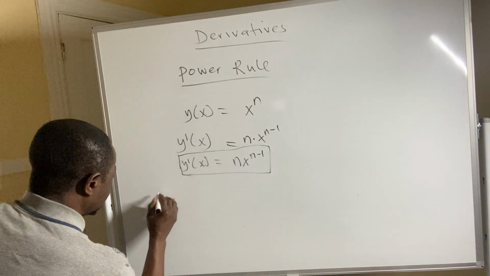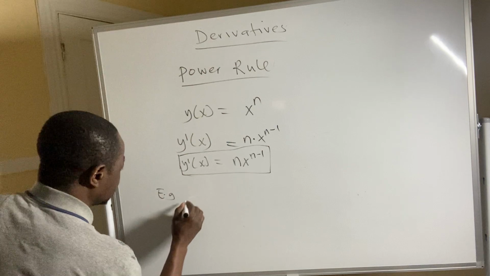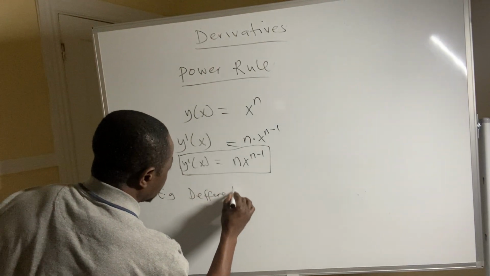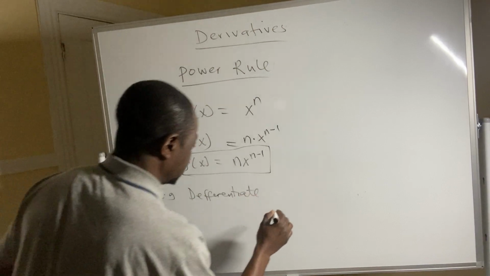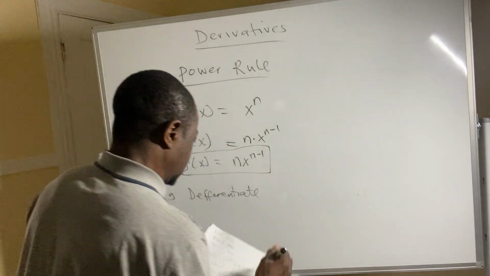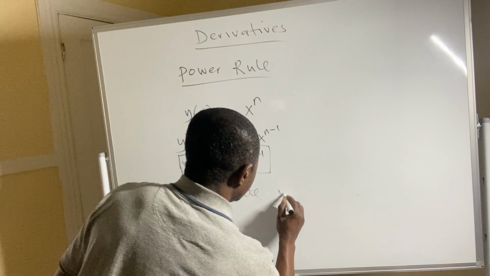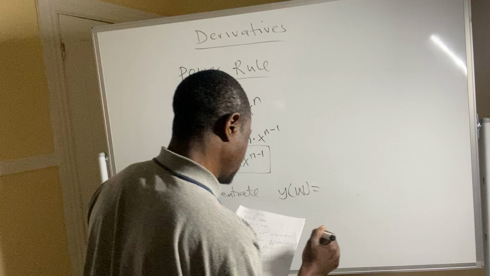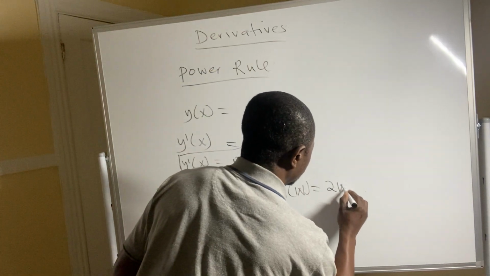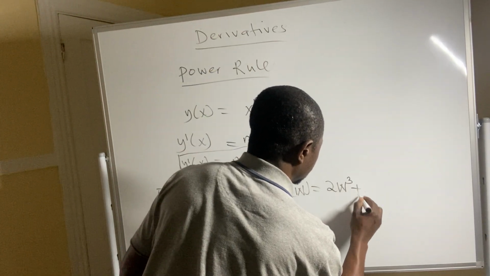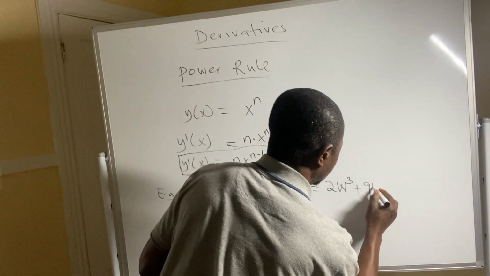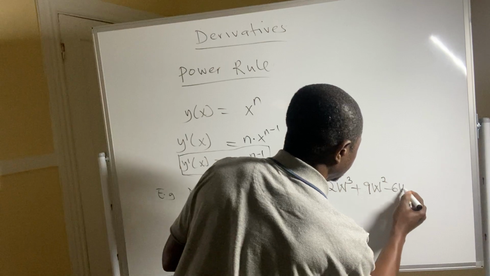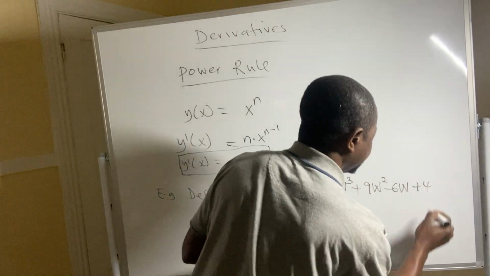So example 1. Differentiate y of w is equal to 2w raised to the power 3 plus 9w squared minus 6w then plus 4.